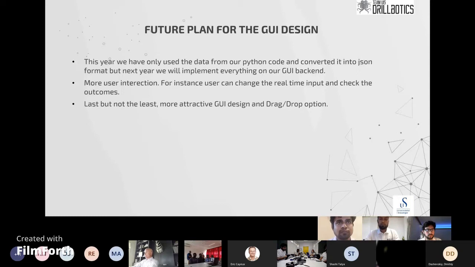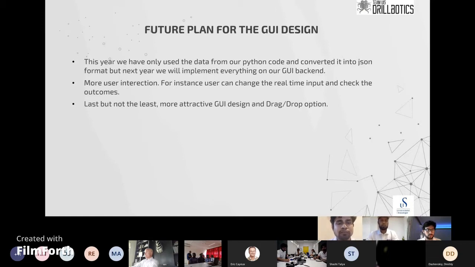We have some future plans for this web GUI. That means in this year, we only use the Python code outcomes. That means the Python data, which we got in Excel format, and then we converted it into JSON. But in the next year, we plan to do everything in our web GUI backend.